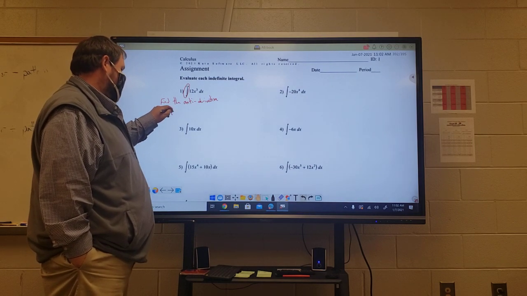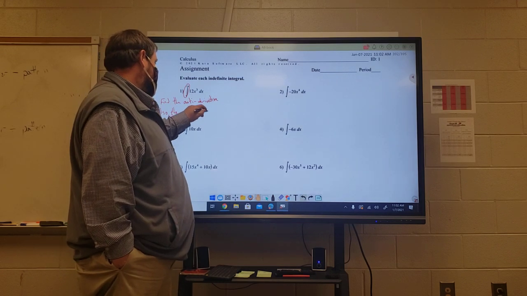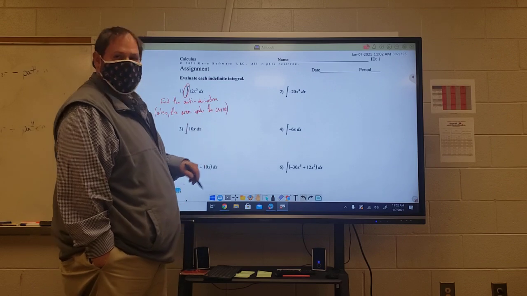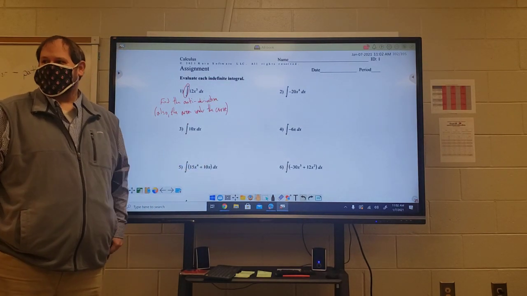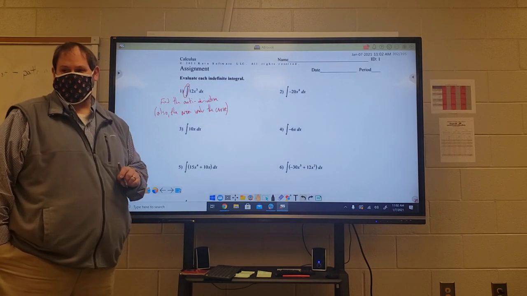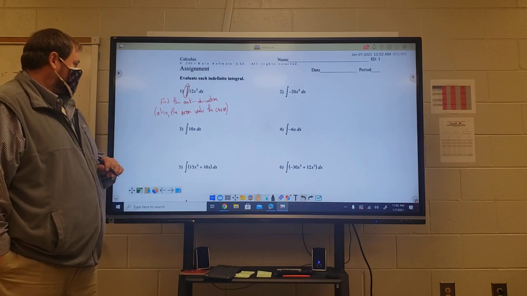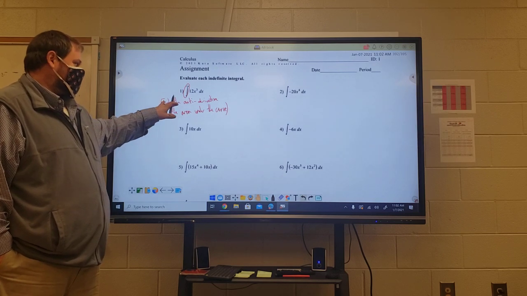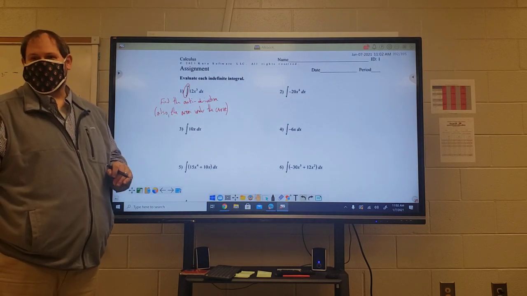Also, the area under the curve. Now I remember. This is where we found those rectangles and trapezoids and things. When I put the integral symbol, that meant to find the area. So these two things will overlap in the next couple of days. Finding the antiderivative goes hand in hand with finding the area under the curve.